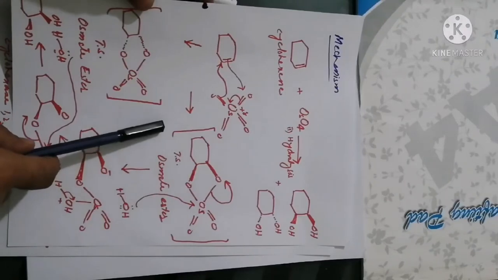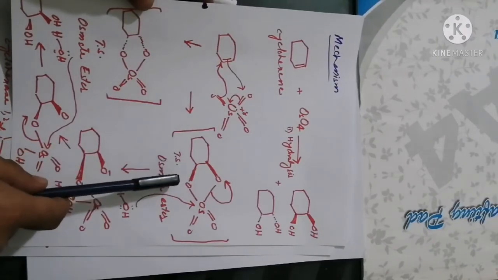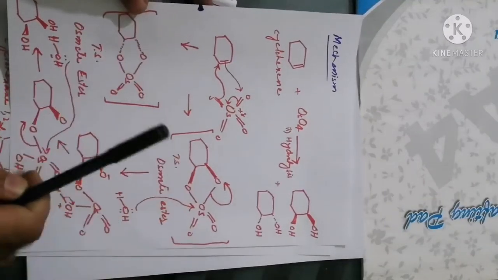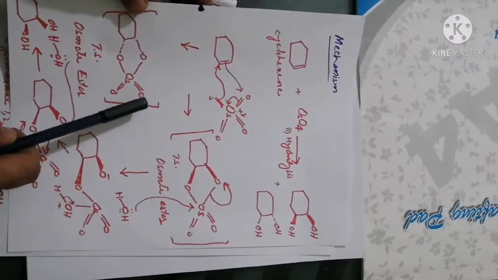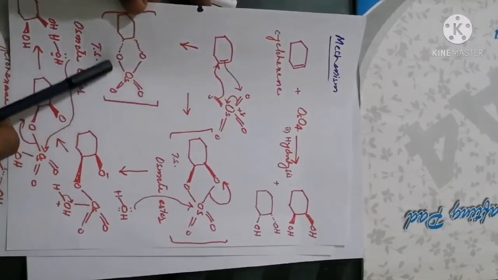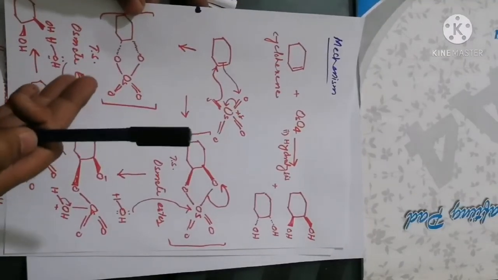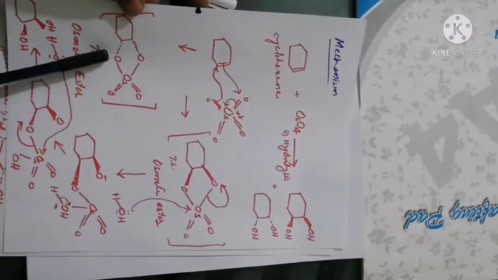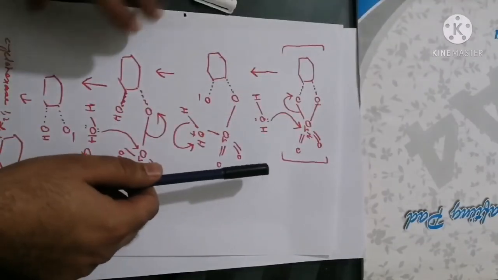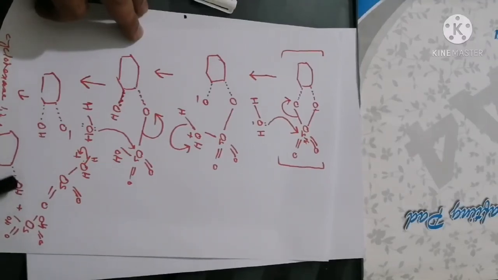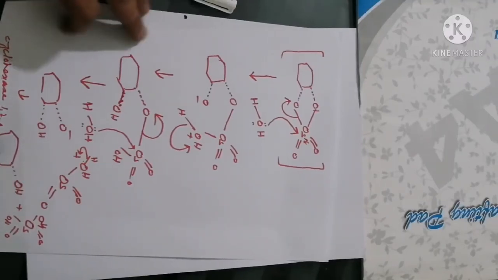So if it attacks from the upper phase, then we get diols where the two hydroxyl groups are on the upward phase, and if osmium tetroxide attacks from the lower phase, then we will get a transition state like this, and finally upon hydrolysis we will get these diols where the two hydroxyl groups are on the rear side of this ring.